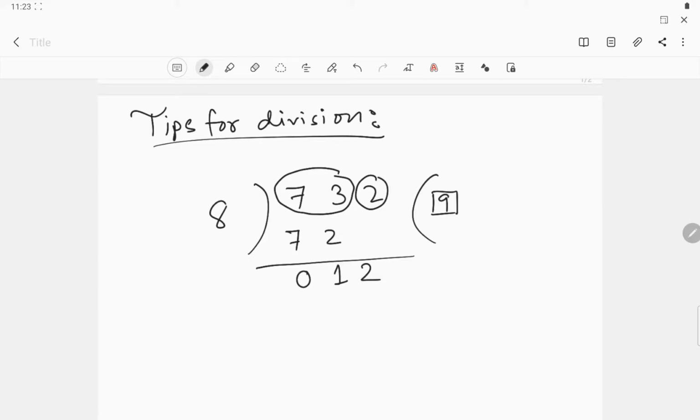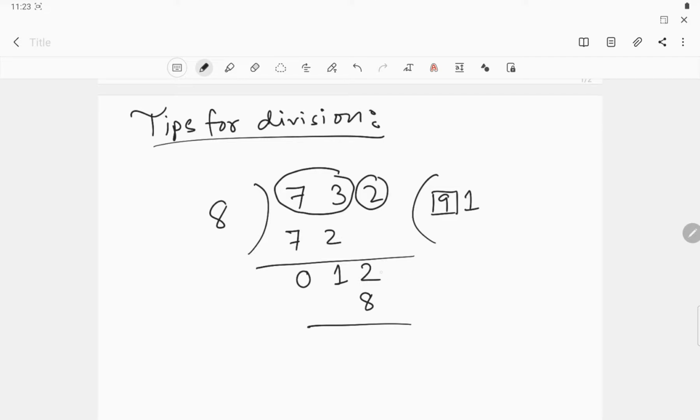Now again, find the number by which you multiply 8 to get nearest to 12. So 8 ones are 8, because 8 twos are 16, which is beyond 12. So 8 ones are 8, write it here.